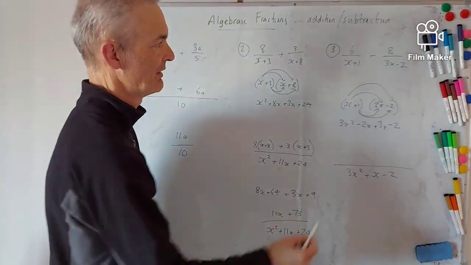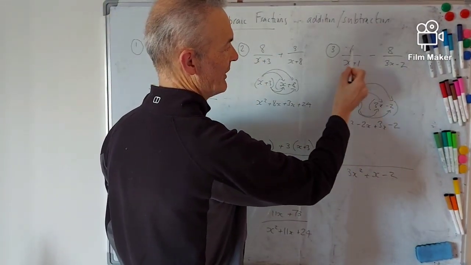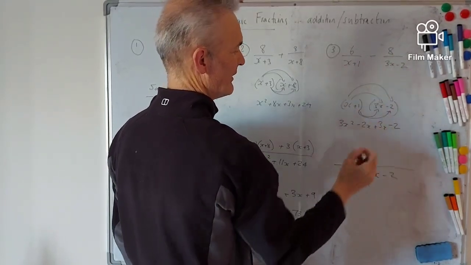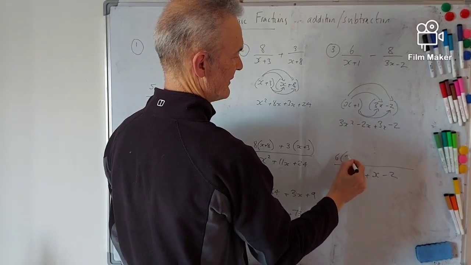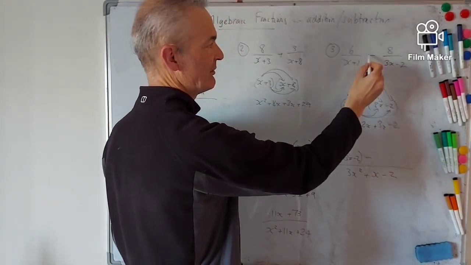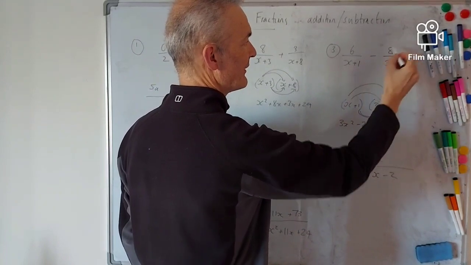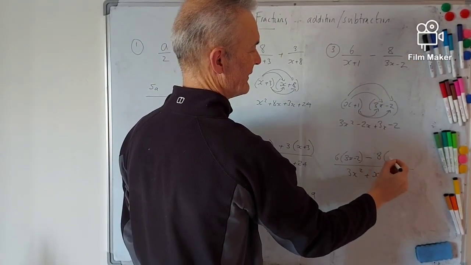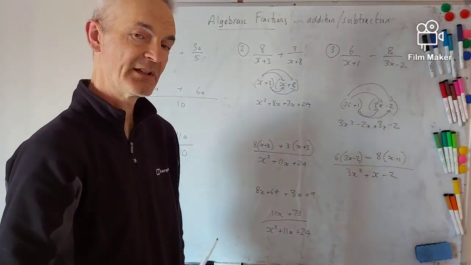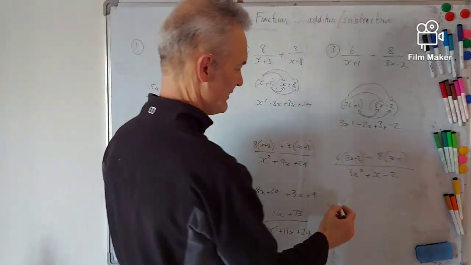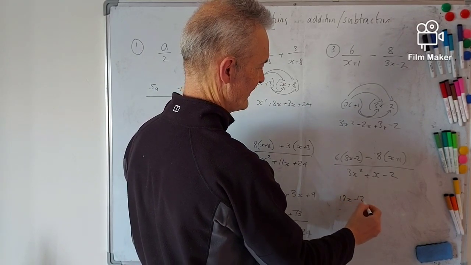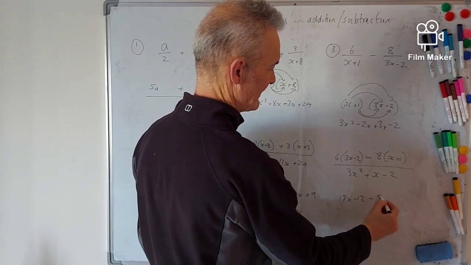And then on top, make sure you do it this way first, not that way. So it's this way first. So it's going to be 6, 3x minus 2, and minus because we're subtracting. And then in this direction, we're going to get 8, x plus 1. Okay, so far. And then we're going to expand the brackets. So we're going to get 18x minus 12 minus 8x.